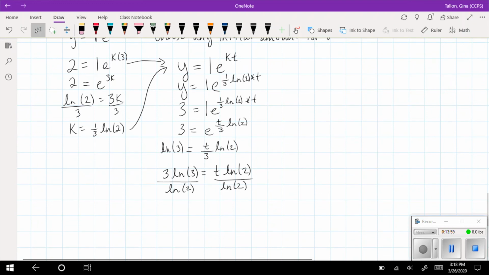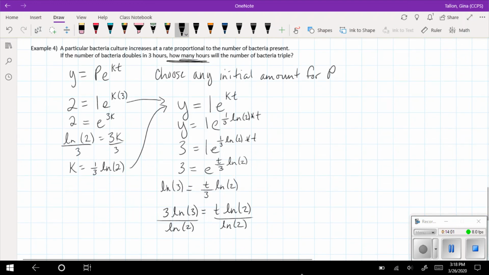Divide both sides by whatever's attached to your t, natural log of 2. And you know what, I think I will just leave that right there. I will say that 3 natural log of 3 divided by natural log of 2 is equal to my t. And I can just see an AP question not leaving it this way, but instead taking this coefficient on the outside of my logarithm and bringing it up as an exponent inside my power.